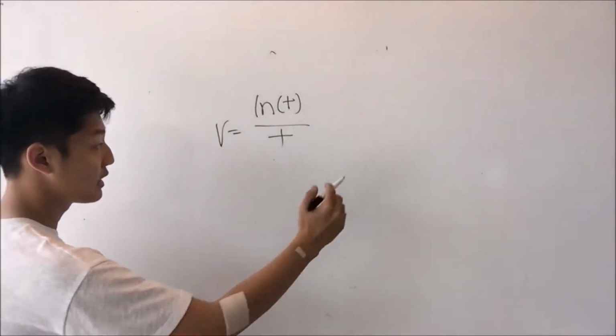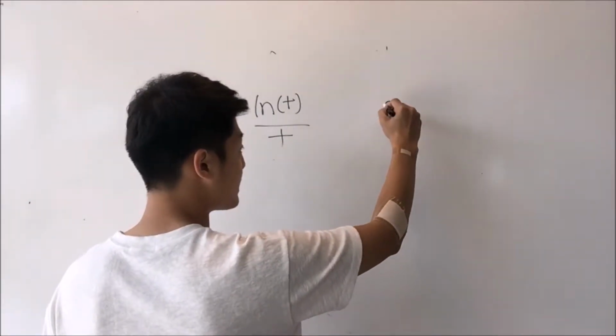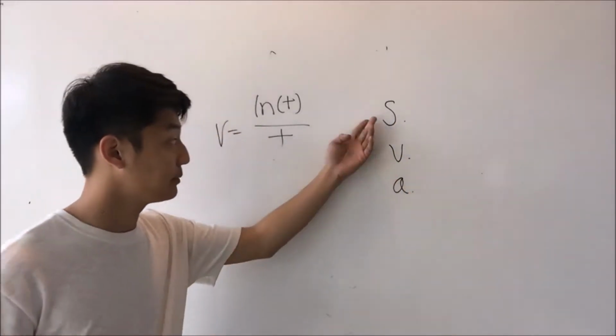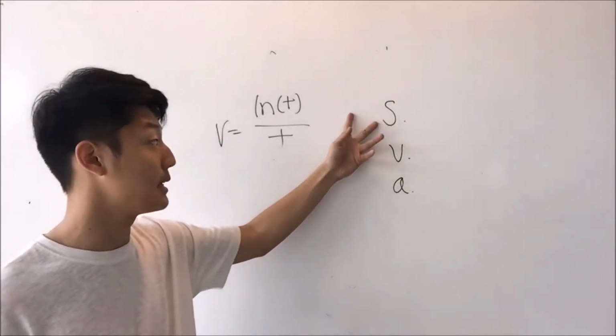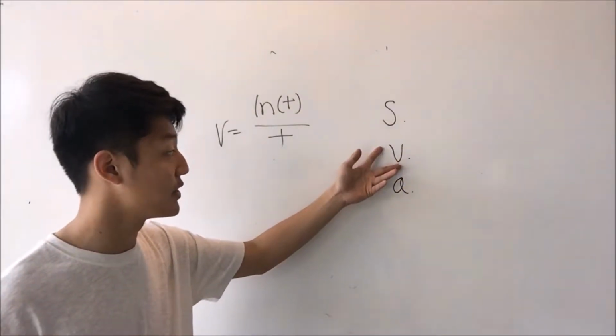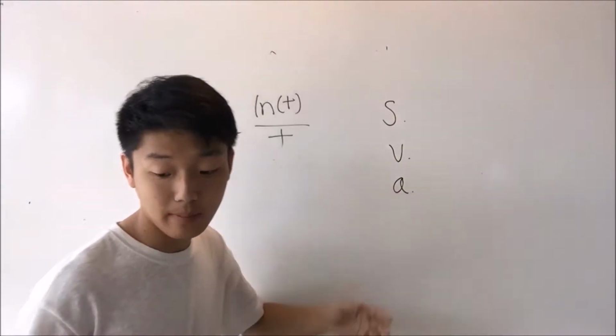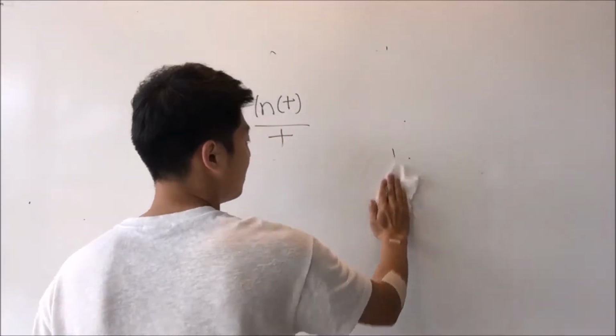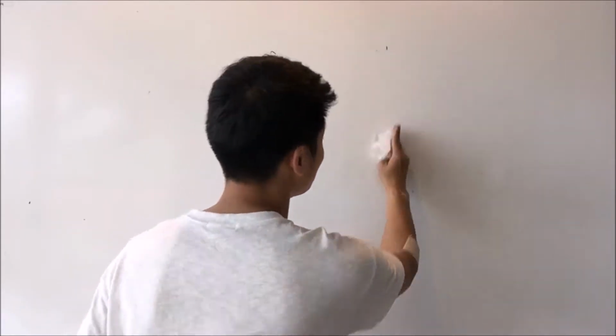So this is displacement, velocity, and acceleration. If I differentiate displacement, velocity comes out, and if I differentiate velocity, acceleration comes out. This is physics, so you don't have to worry that much, but you still have to know some of it.